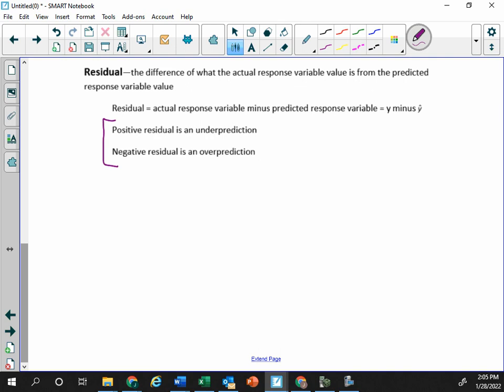So let's say our y is the actual age of someone. We'll say they're 25. Let's say our y hat, our predicted y, is 23. To calculate the residual, remember that's actual minus predicted.